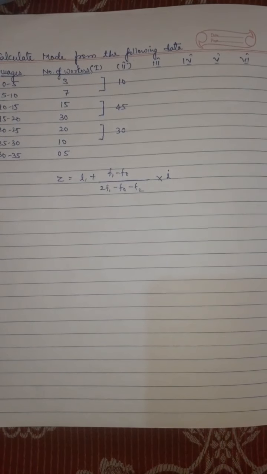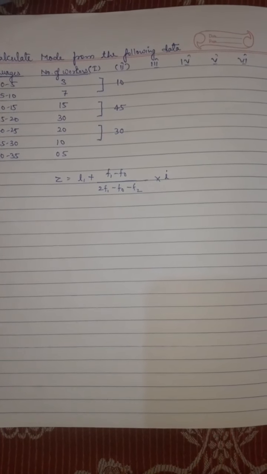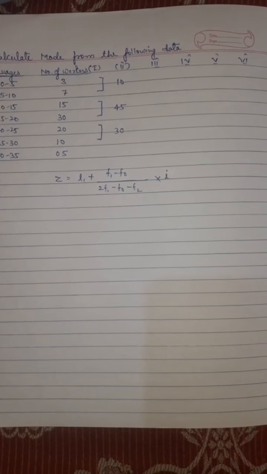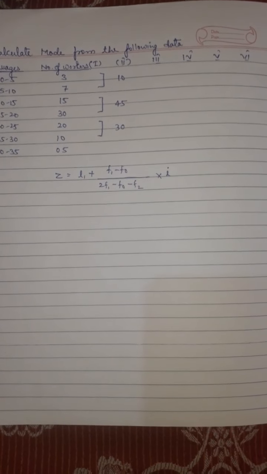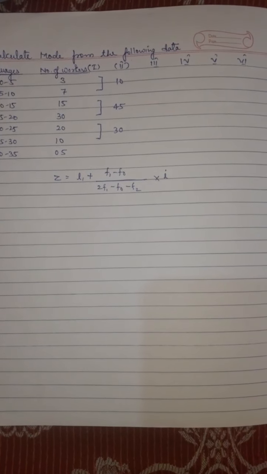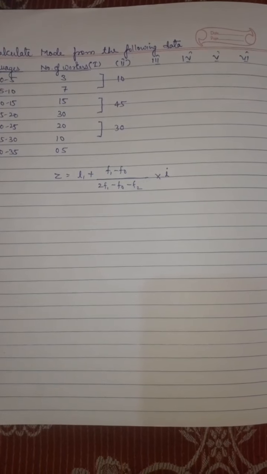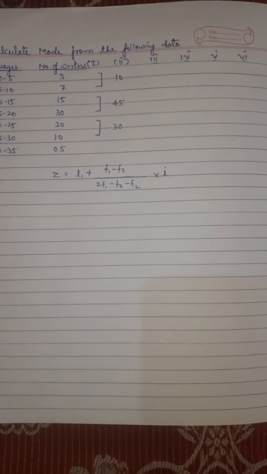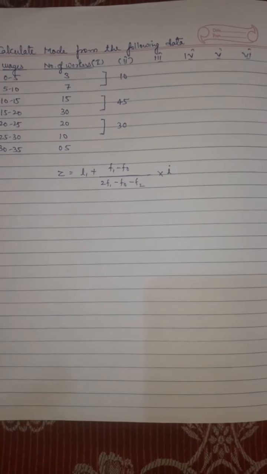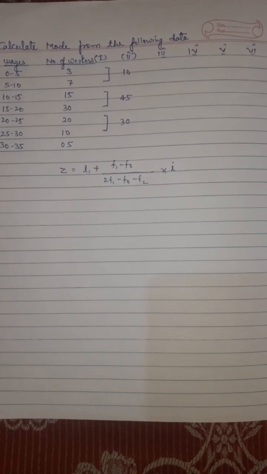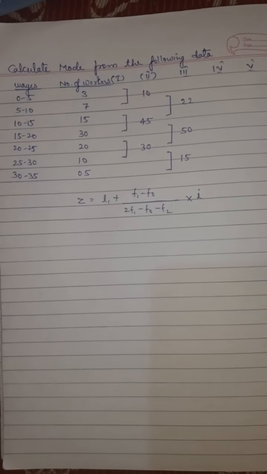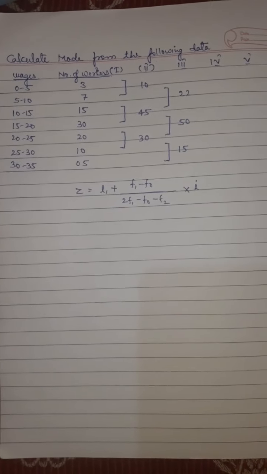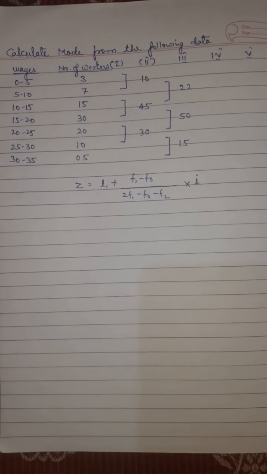Now for moving on to the third column, we will leave the top number. It means we will leave number 3 and then start making pairs of 2. Now you can see clearly, for the third column, I left 3.